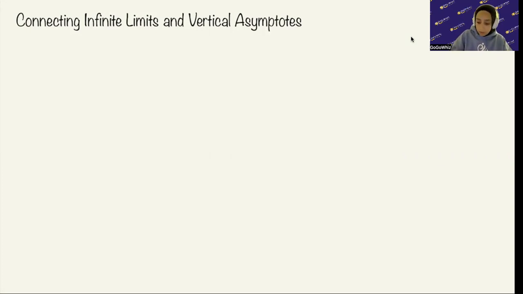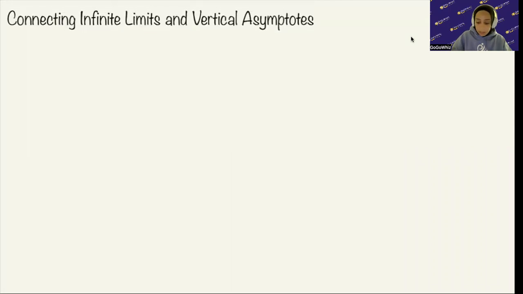So let's say, for example, your function is f of x is equal to 1 over sine x. We consider when sine x is equal to 0 to create our vertical asymptotes.